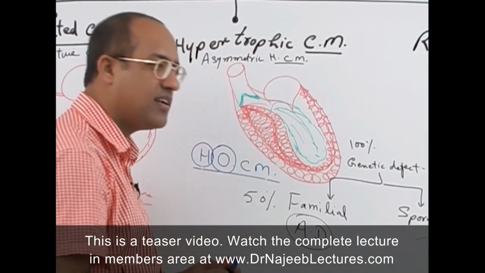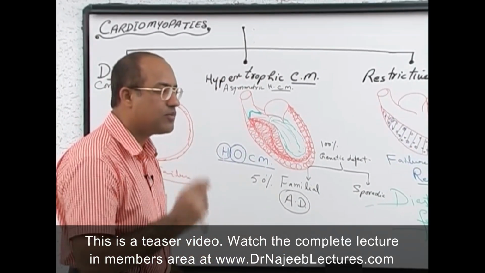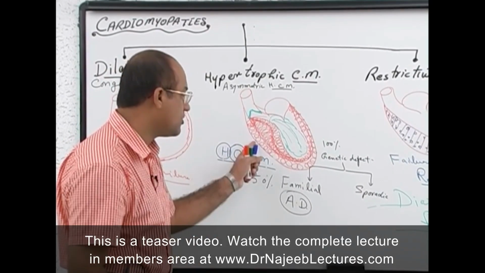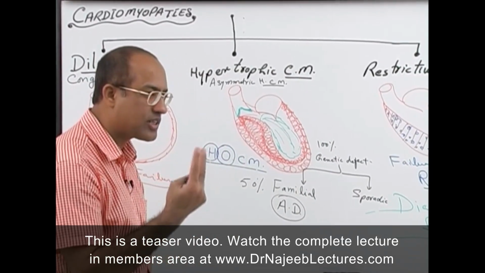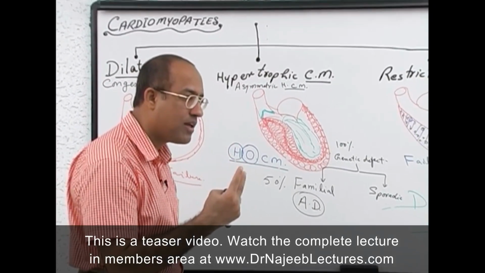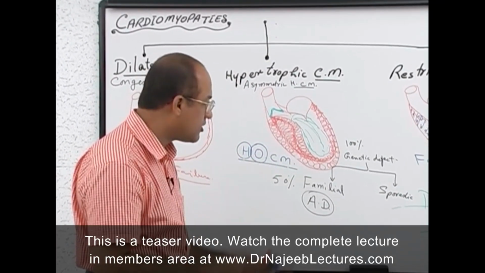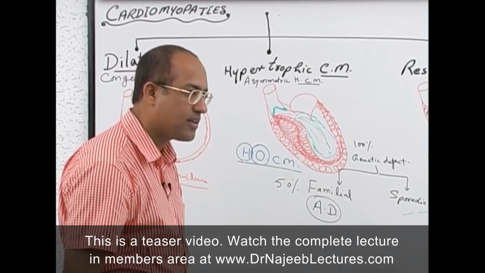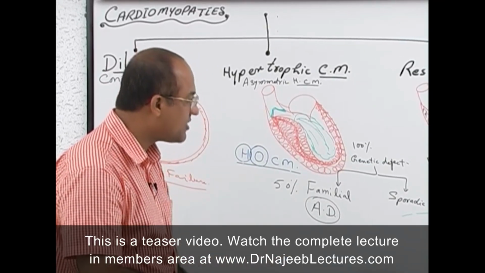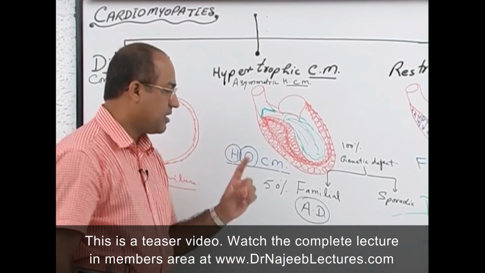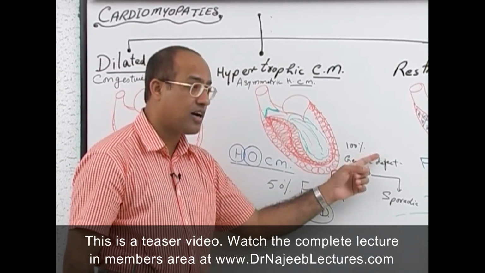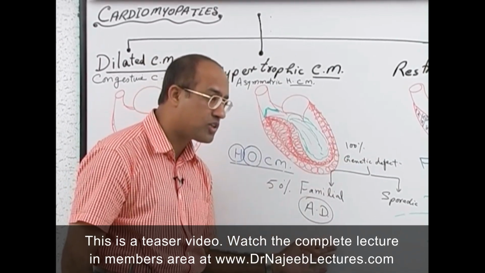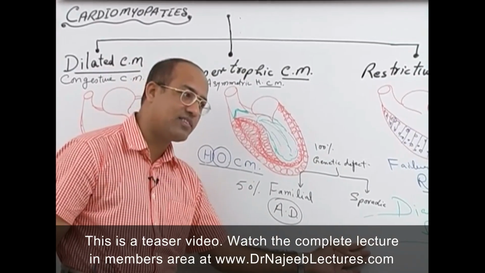Autosomal dominant means that out of two alleles, even if one gene is defective, disease will be there. One gene comes from the mother and the other from the father. Even if one is defective, disease will be there, right? So almost 100% of cases have mutations. Out of them, 50% have inherited mutations and 50% are sporadic cases.